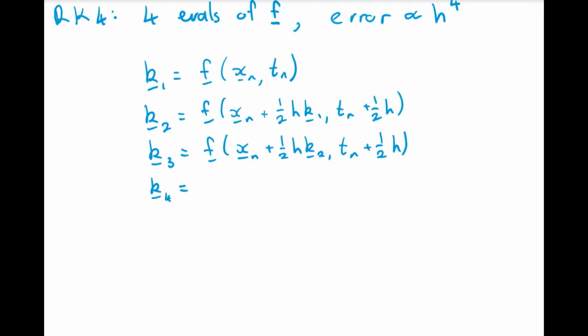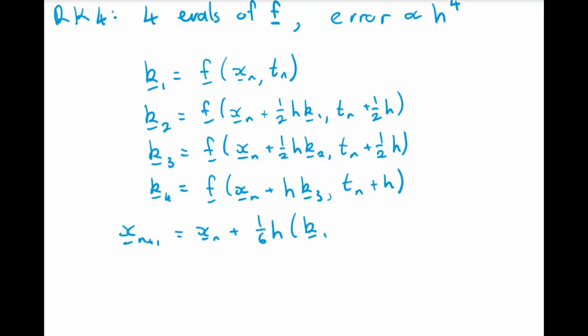And now for K4, I take a whole step in the K3 direction. So now I've got my 4 evaluations of the vector field at 4 nearby points. Then I update my x, and I do a weighted average of all of those k's.